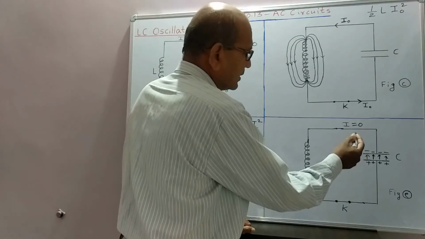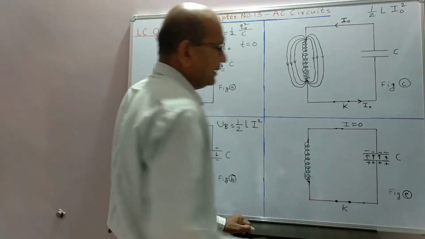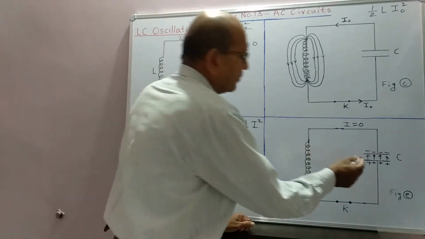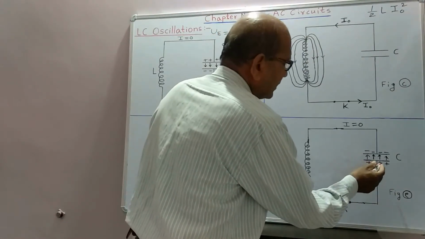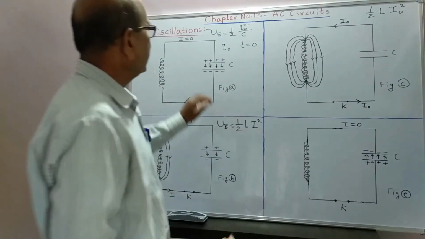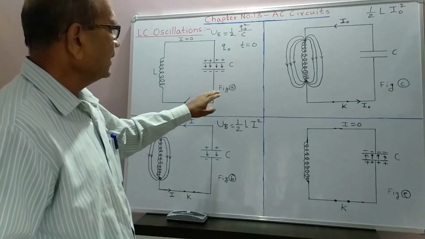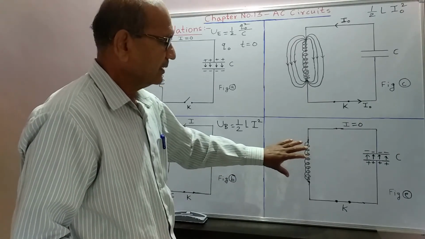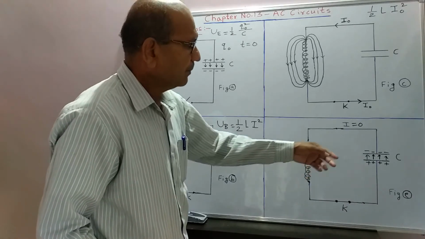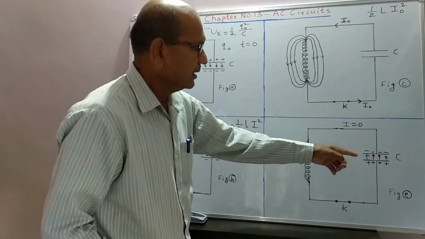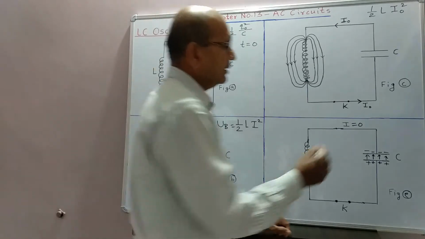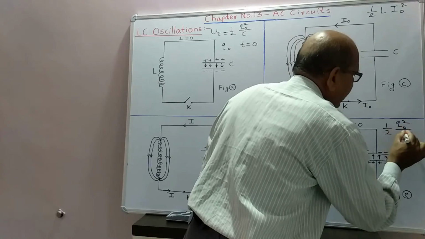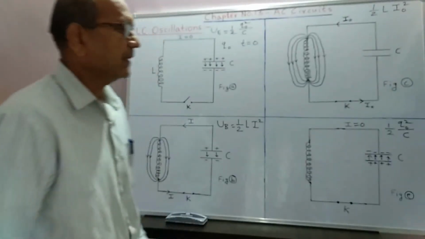The process continues till the capacitor is fully charged with polarity opposite to that of the initial state shown in figure A. The entire magnetic field energy is now completely converted into the electrostatic energy 1/2 Q0 square upon C in the electric field of the capacitor.